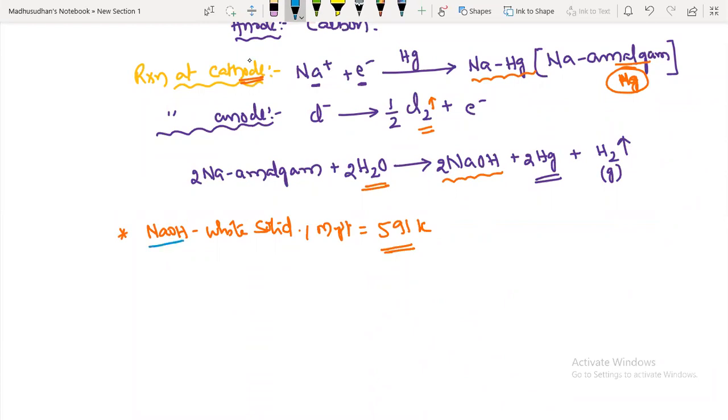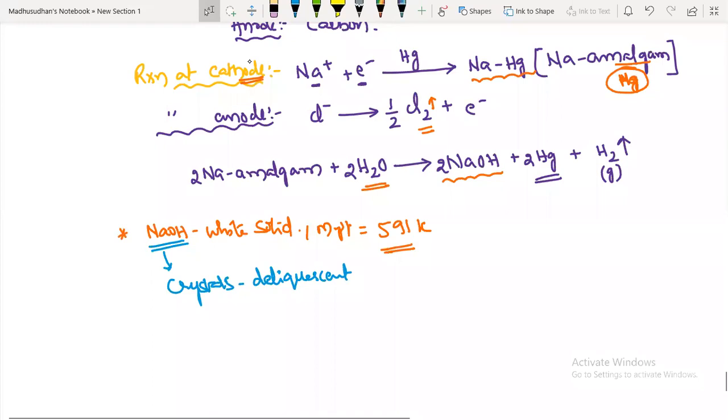And here sodium hydroxide crystals are deliquescent in nature.